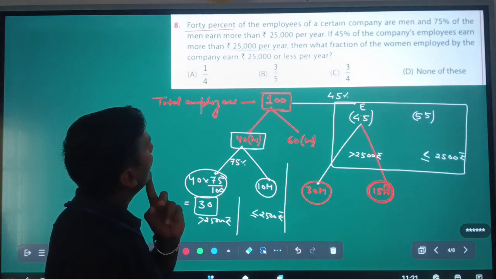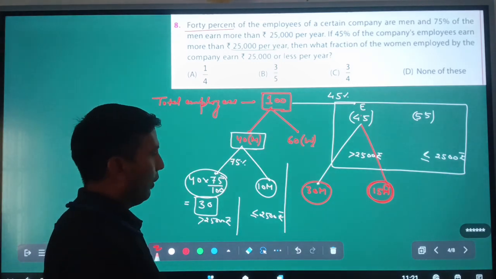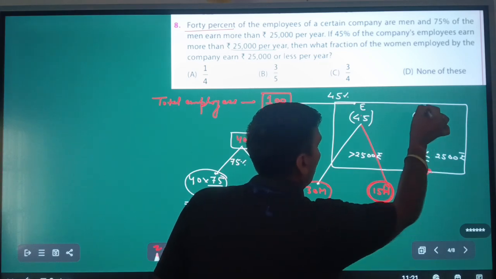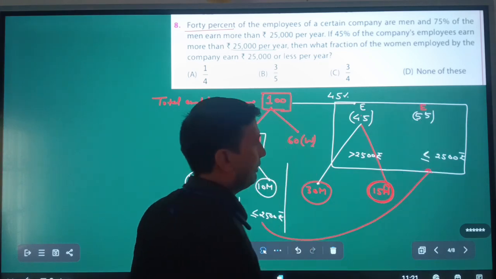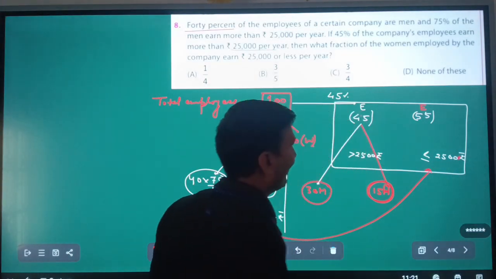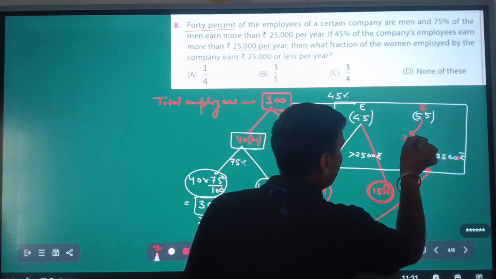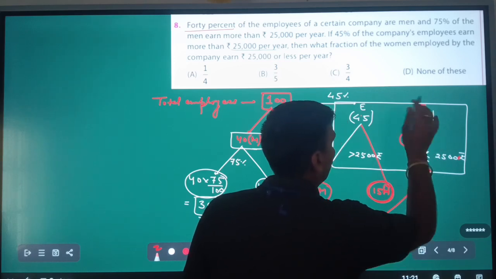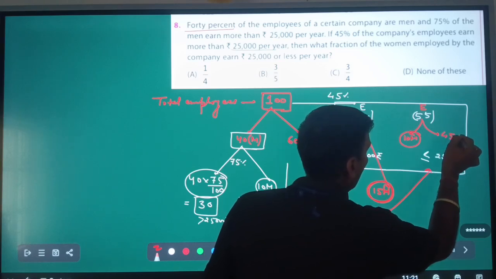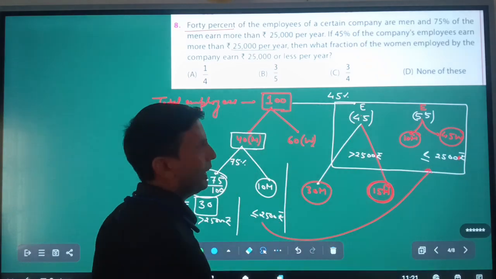Now we have to combine this. Out of the 55 who are getting 25,000 or less, 10 are men. It means there are 10 men out of 55, so the remaining 45 women are earning less than or equal to 25,000.